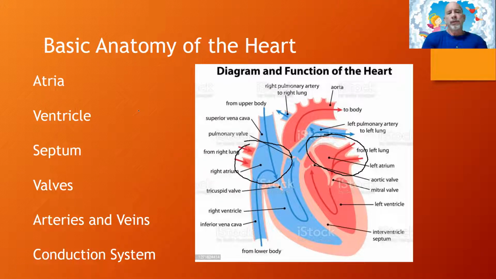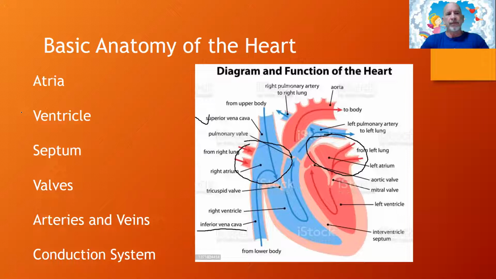So when your used blood comes in through your superior vena cava or your inferior vena cava, which you can see right here, these are the veins that lead back to the right atrium. The blood just kind of pools in there. And then the atrium can contract and shove it down in the ventricle. And the ventricle is the main pump that then pumps it to the lungs or pumps it to the body.